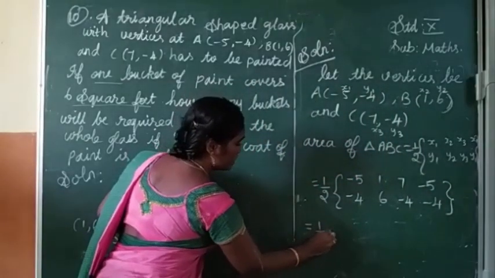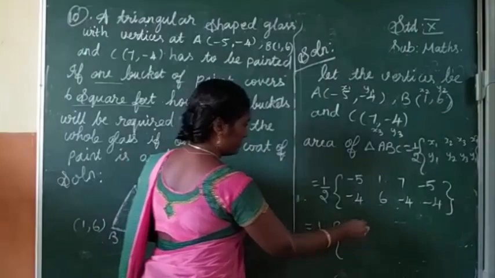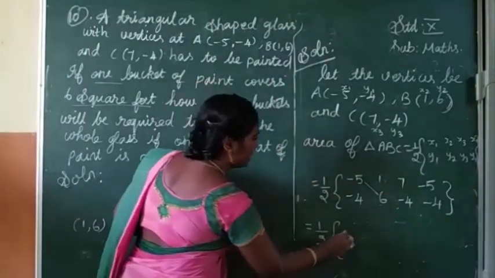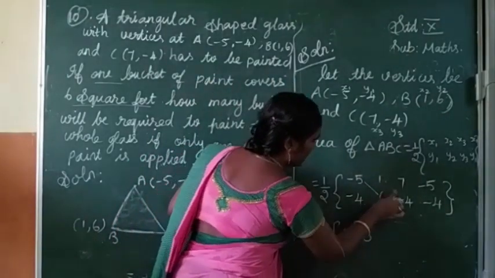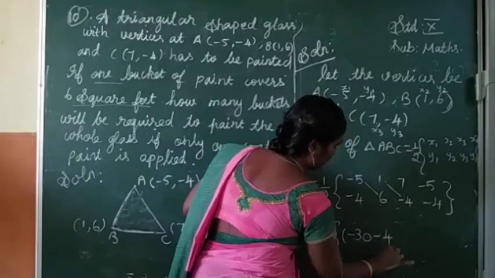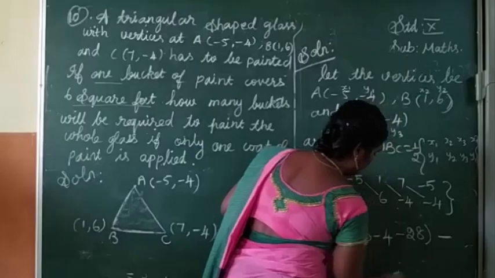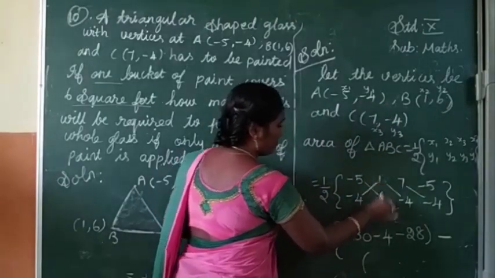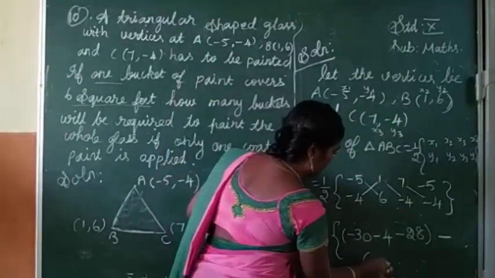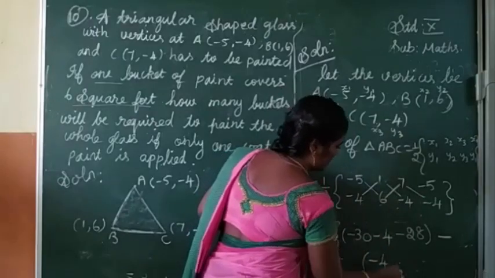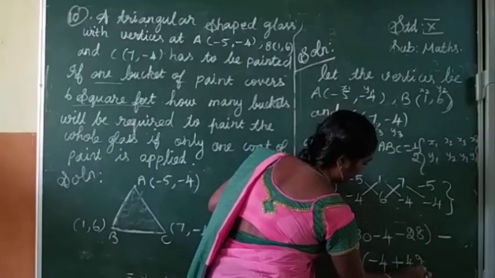Now half into cross multiply. Plus into minus is minus, 6 5s are 30. Plus into minus is minus, 1 4 is 4. Plus into minus is minus, 7 4s are 28. Then the formula minus: again plus into minus is minus, 1 4 is 4, minus 4. 6 7s are 42.